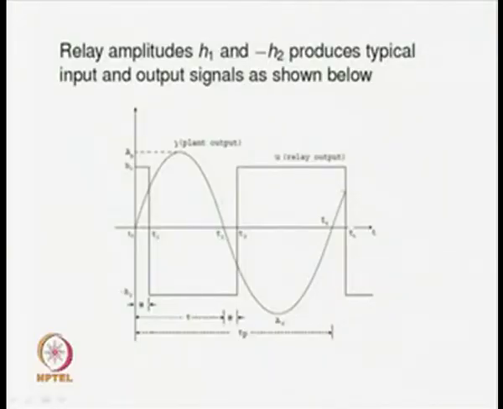So, the relay test resulted in some typical output waveform of this form, whereas the input to the system, the relay output, is given in the rectangular signal form. Now, this output signal has got some critical points like the zero crossings and peak amplitude and the negative peak amplitude or the valley amplitude.